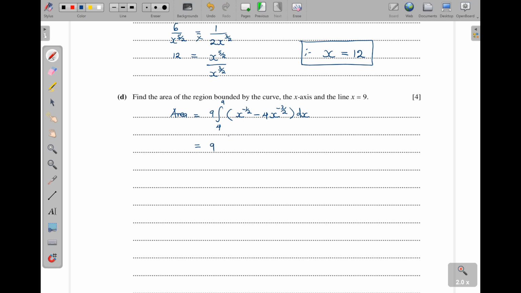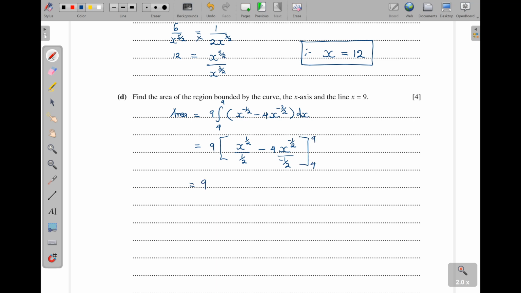So I'll put the 9 here, then put these brackets. Increase the power by 1, that will be a half. Then also divide by that new power. Then 4. And then when you increase this one by 1, negative 1.5 plus 1, you will get negative a half. So I'll have negative a half, and then I will also put negative a half down here. And then we put the limits 9 and 4.